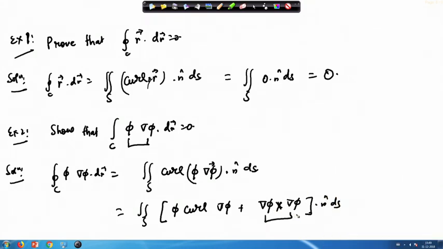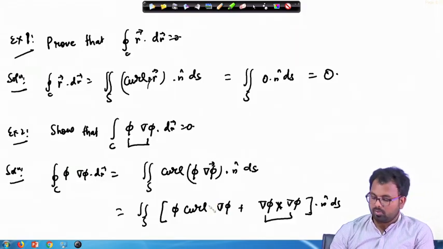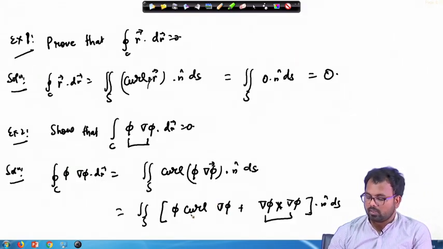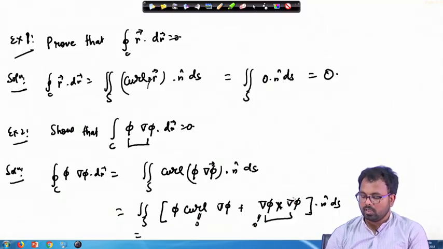Now gradient of phi cross gradient of phi is 0 because a cross a is 0, and curl of gradient of phi is also 0 by definition. So, the integrand is 0 vector, and 0 vector dot n is again 0.